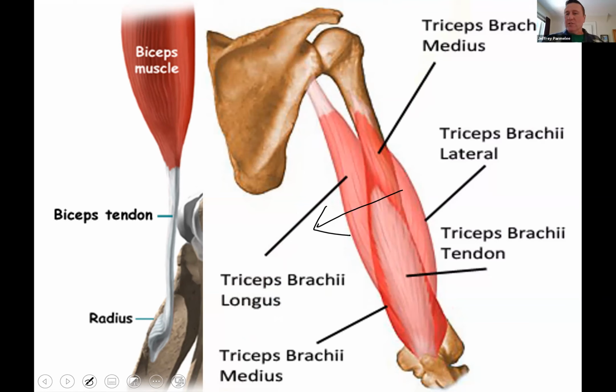You can see it does cross the shoulder joint, so it's going to have some movement at the shoulder too. The 3 heads, you got a long and a medial and a lateral head. But they're all, you can see, coming off, attaching onto that olecranon for powerful extension of your elbow. So it's an antagonist muscle to the biceps and the brachialis.